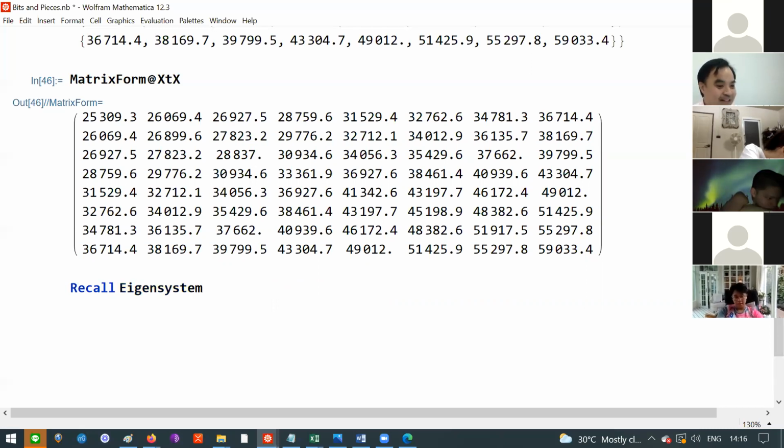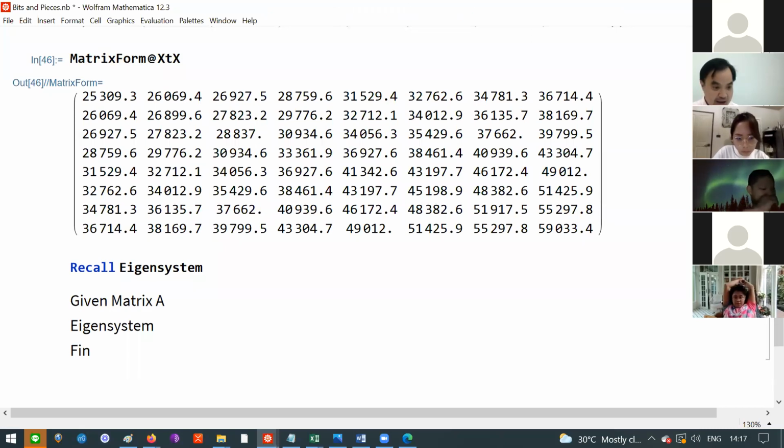Now, you recall eigensystem. What's an eigensystem? Okay, I better use plain text. Given matrix A, eigensystem means that you find eigenvector V such that AV is equal to LV.